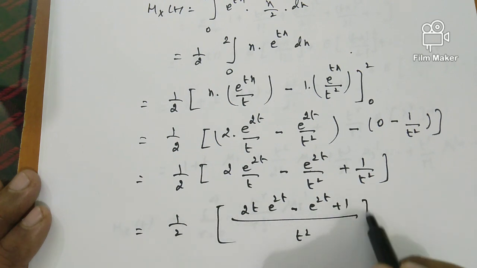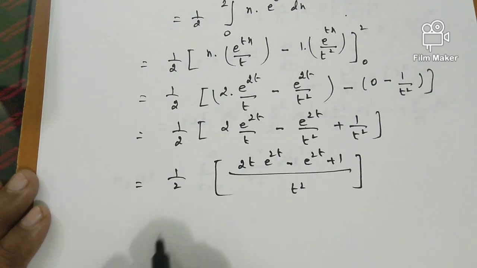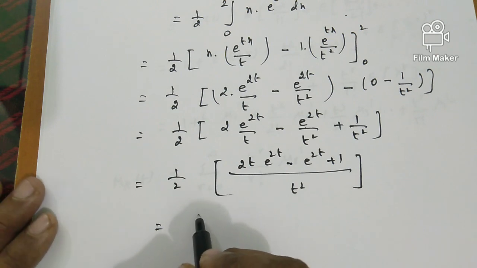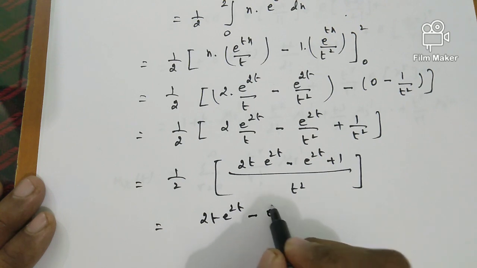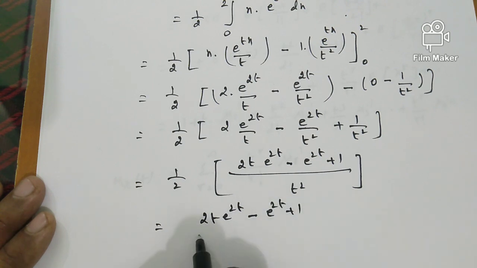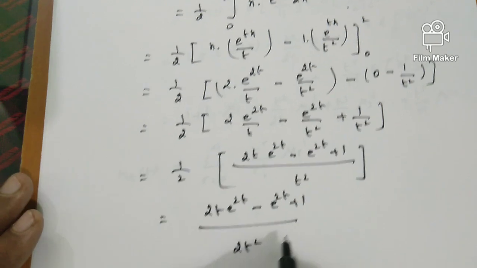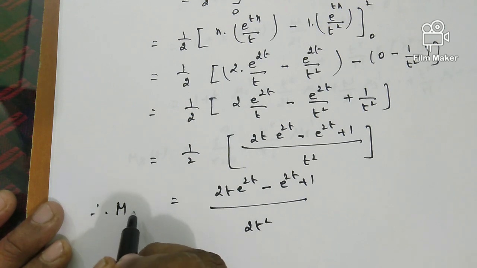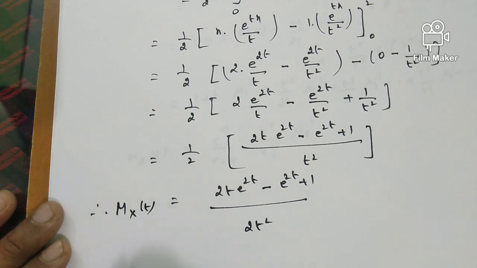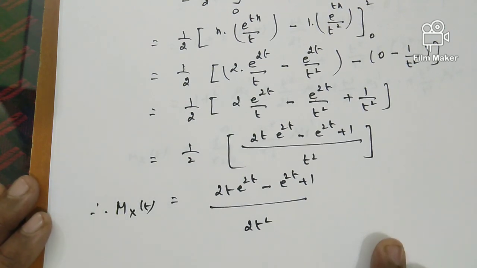So this is equal to, we can write it in order, 2t e^(2t) minus e^(2t) plus 1, whole divided by 2t^2. This is nothing but our MGF. MGF is denoted as M_X(t). So the required MGF is 2t e^(2t) minus e^(2t) plus 1, whole divided by 2t^2.